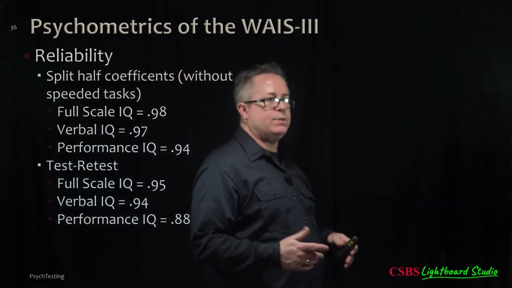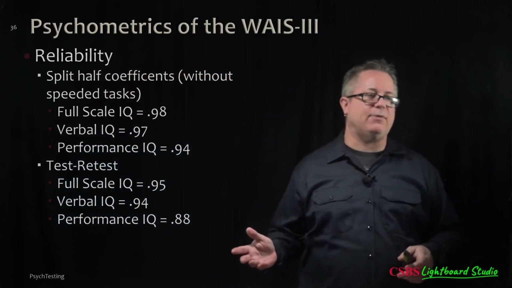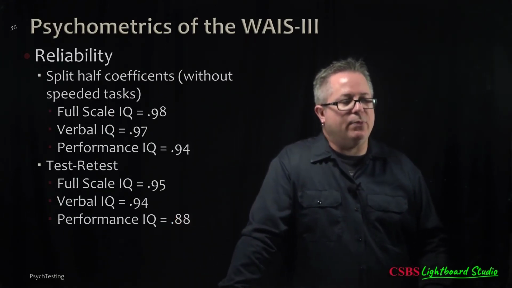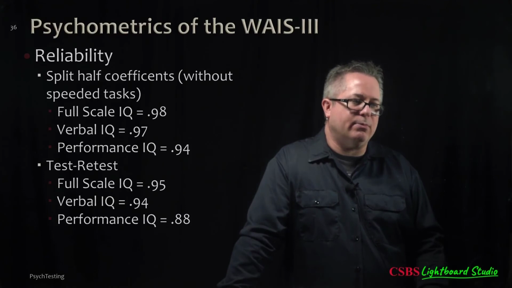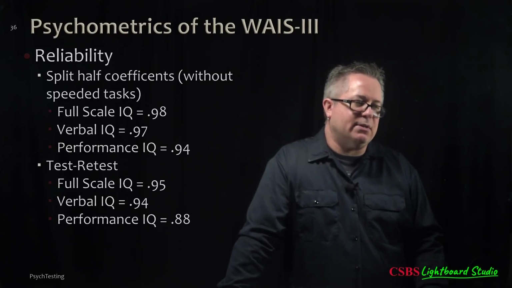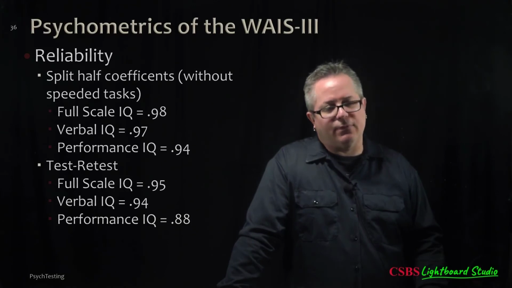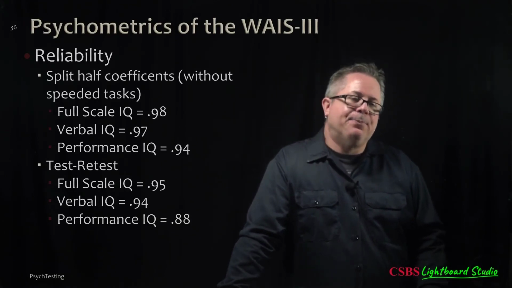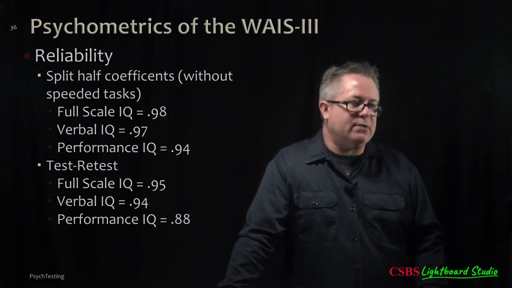So the psychometrics here: reliability, the split half coefficient without the speeded tasks. Full scale IQ is 0.98, 0.97 for verbal, and 0.94 for performance. All really good. Test-retest seems higher for full scale than it was for reliability, at least consistently, because with the Stanford-Binet they had some test-retests that were down in the 0.7s.